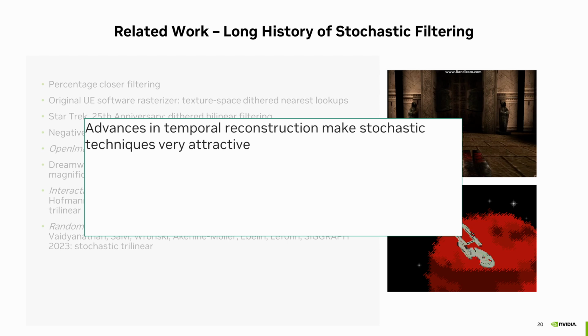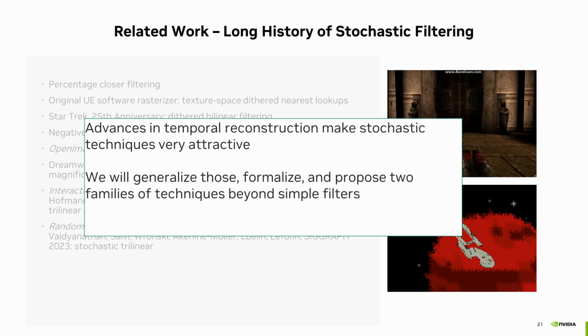Nowadays, advances in temporal reconstruction, such as temporal anti-aliasing, temporal super-resolution, and temporal super-sampling, make all the stochastic techniques even more attractive. Temporal integration filters such as DLSS use machine learning for great denoising quality without visual artifacts.